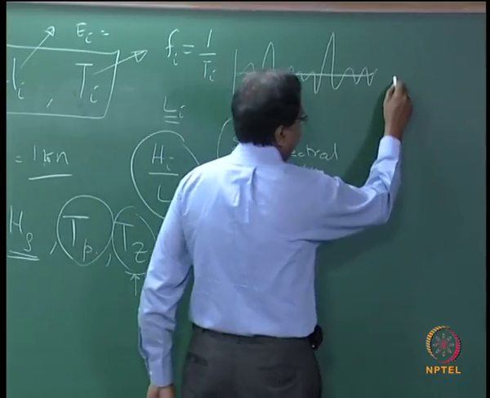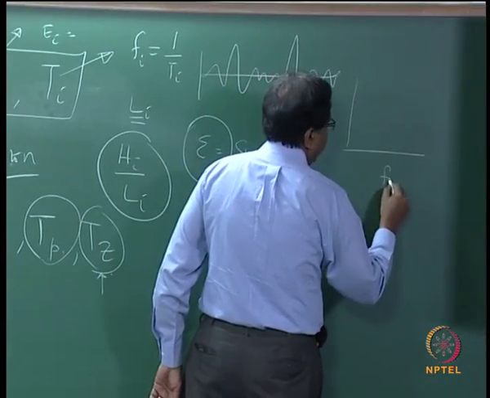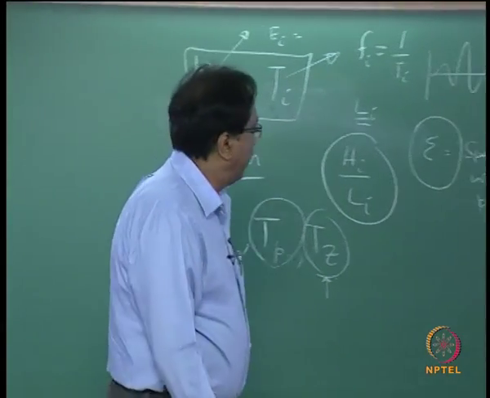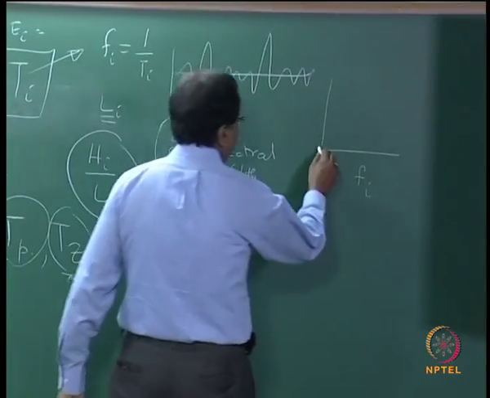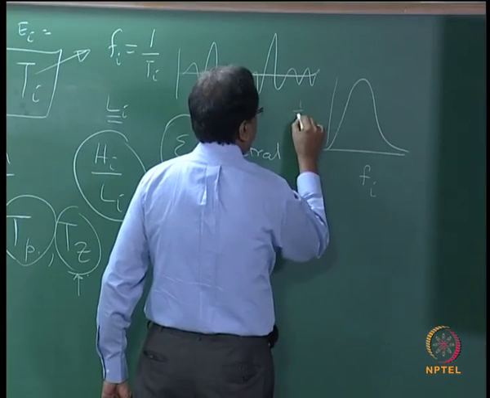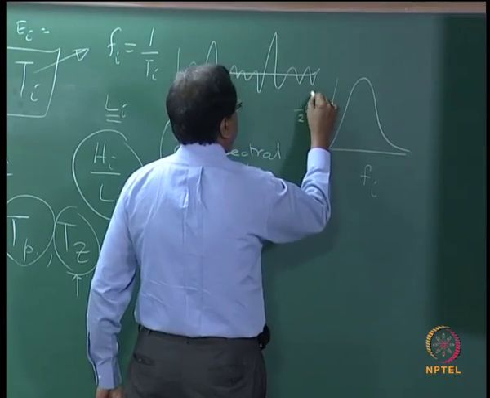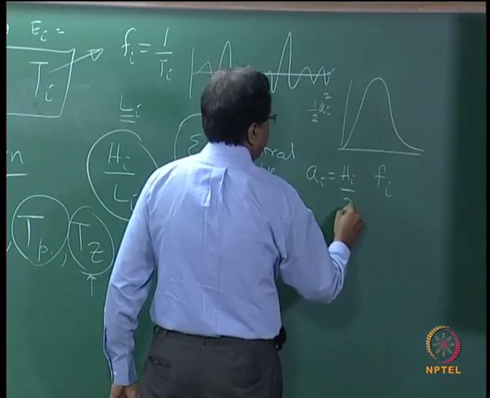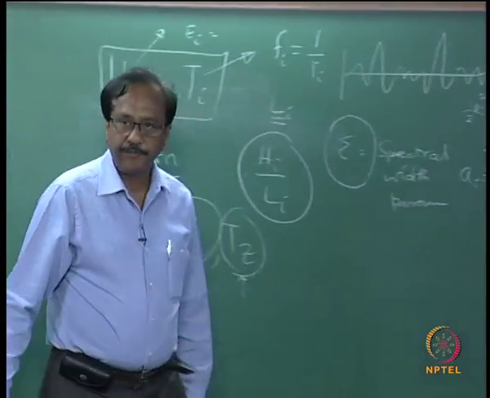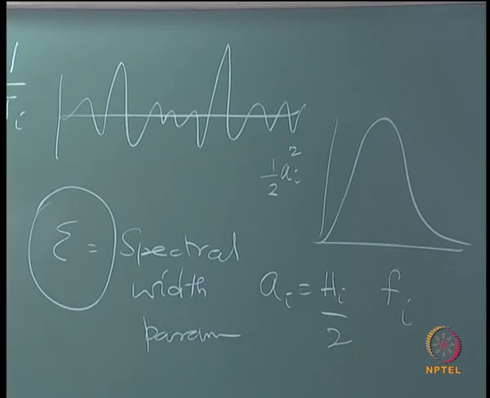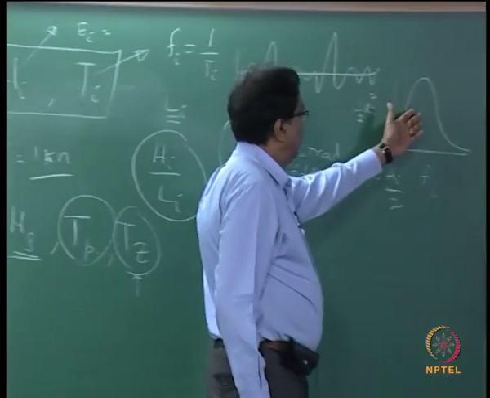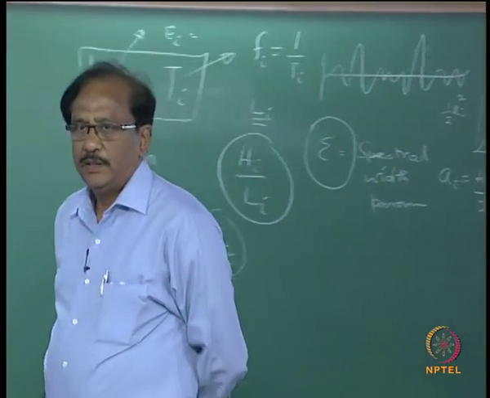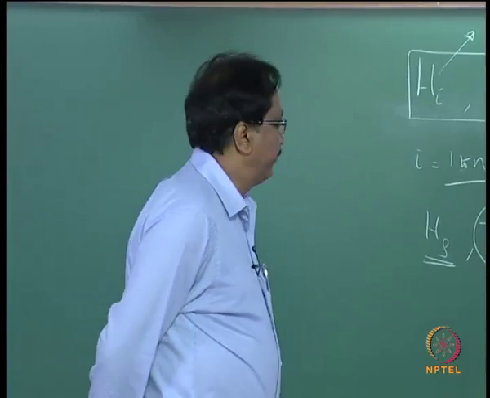One way of representing is frequency on the x axis, and on the y axis you draw half into amplitude square. Amplitude is nothing but Hi by 2. So this curve gives you some information about the distribution of energy.